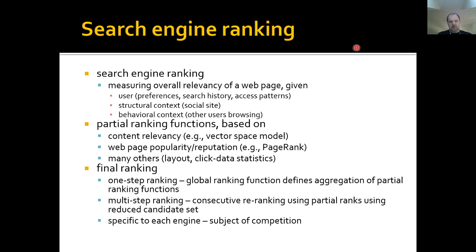Okay, starting with the first one, we have already seen basically two types of ranking. We had experience with the vector space model, which is basically content ranking, or it provides content relevancy of the documents, the web pages or the content, with respect to a query.